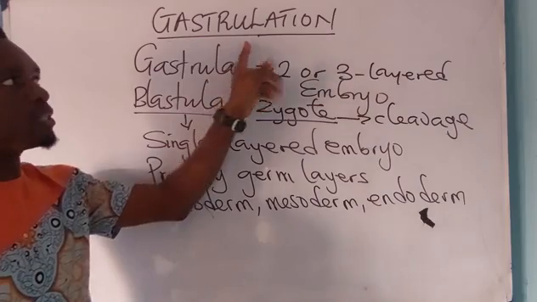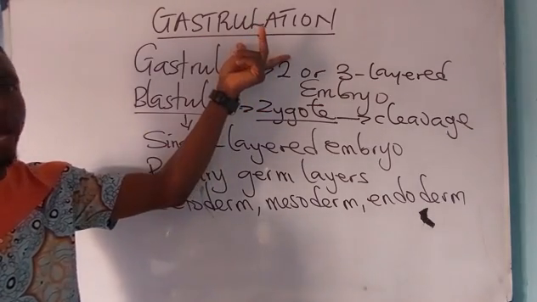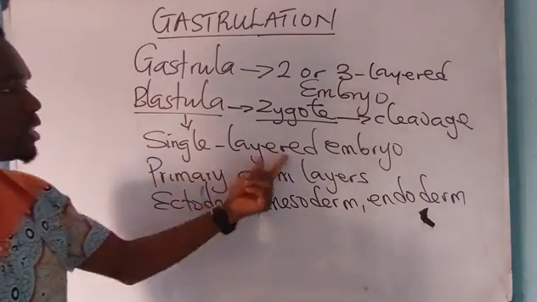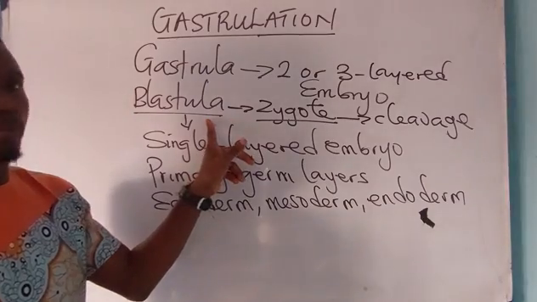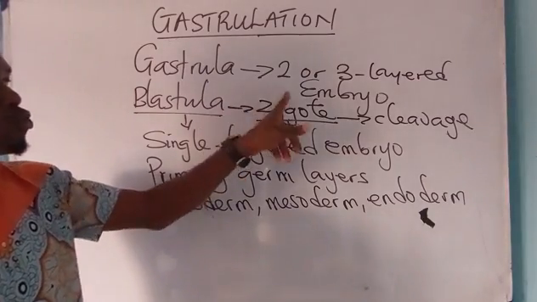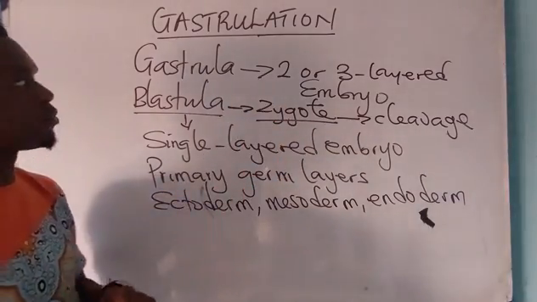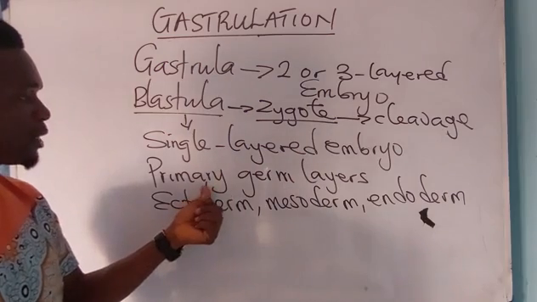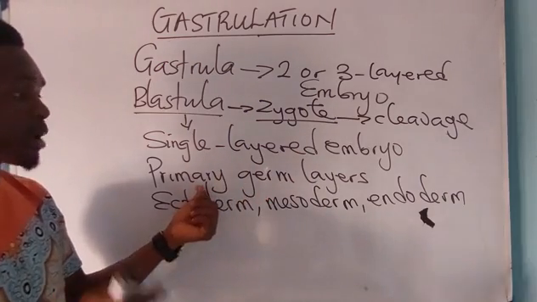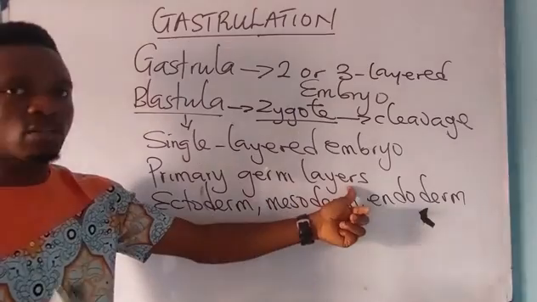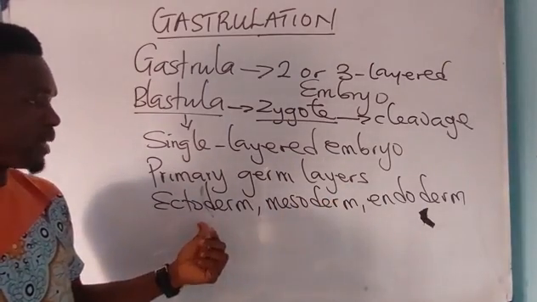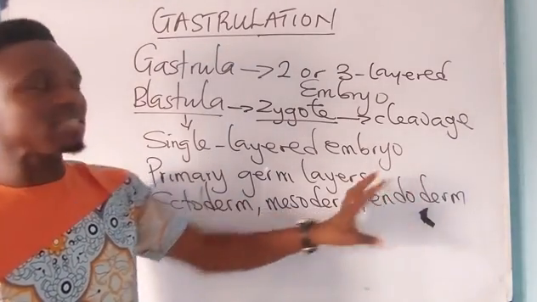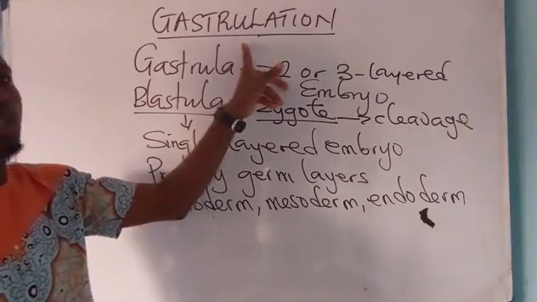You say gastrulation is a phenomenon characterized by the transformation of a single layered embryo called blastula to a multi-layered embryo called gastrula, to form primary germ layers, which are the ectoderm, the mesoderm, and the endoderm. That is a complete definition of what gastrulation is.